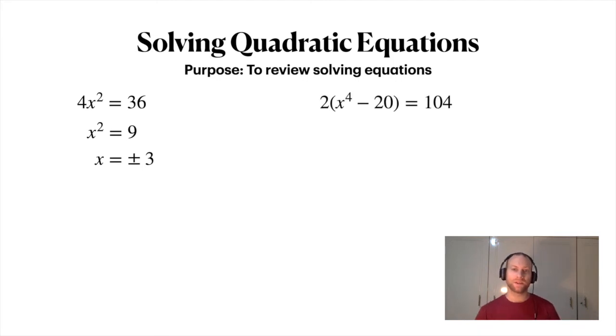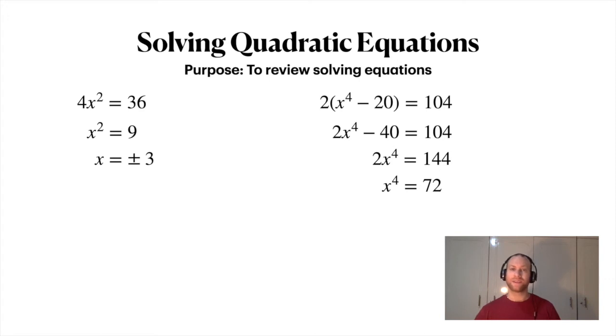Let's try one that's a little bit trickier. Again, you get two options. You can either divide by 2 first, or bring this inside of your brackets. I did it in the brackets again. Then you're going to add 40 onto both sides, divide by 2, and then we're back to this. X to the power of 4 equals 72.